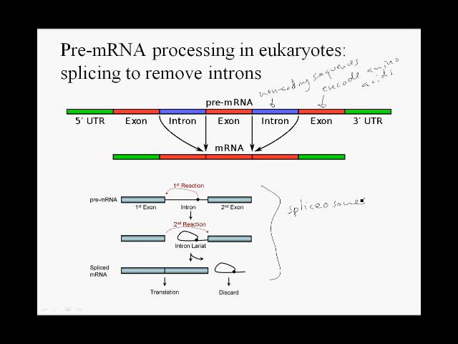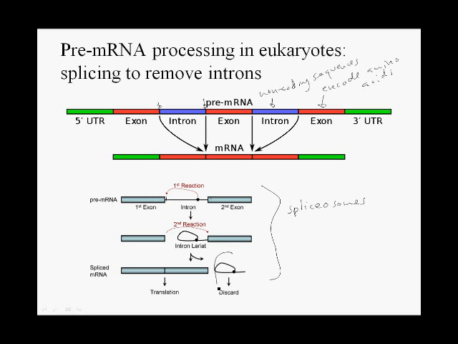And these spliceosomes are able to recognize the junctions between exons and introns and correctly splice together the exon-exon junctions, and precisely remove all of the non-coding intron sequences.